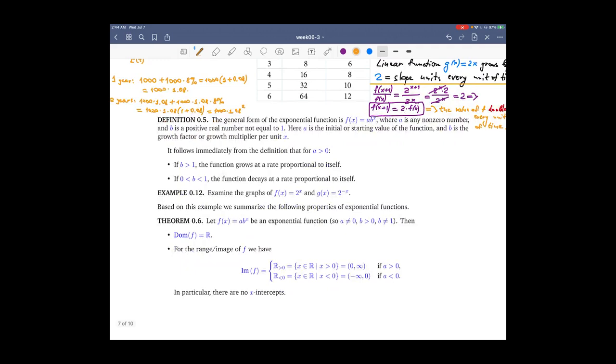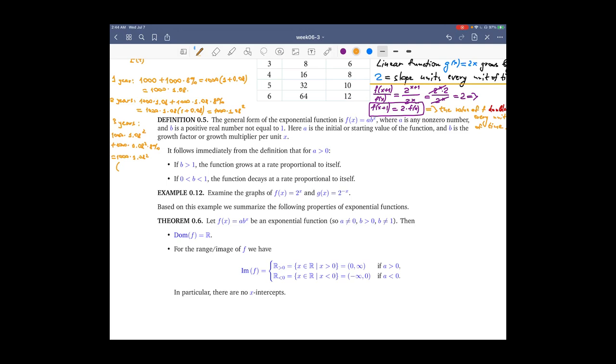Continue this in 3 years. You're going to have what you had at the end of year 2, which is 1,000 times 1.08 squared plus that same amount times 8%. Factor out 1,000 times 1.08 squared.